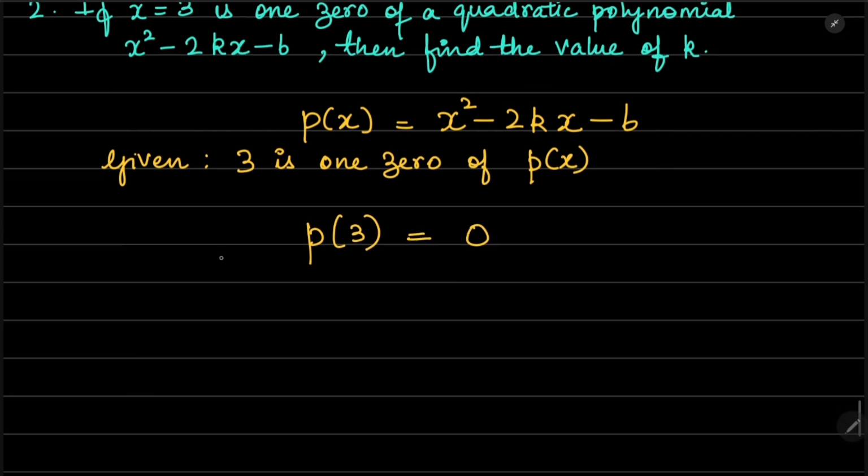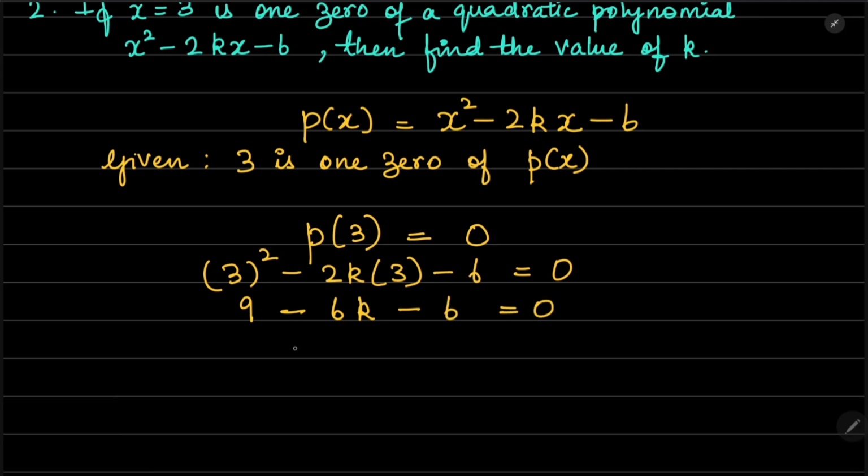Let us substitute and see. So in place of x, you have to put 3. So 3 square minus 2k into 3 minus 6 is equal to 0. So 3 square is 9 minus 6k minus 6 is equal to 0. So 9 minus 6 is 3, minus 6k equal to 0. So what do you get?